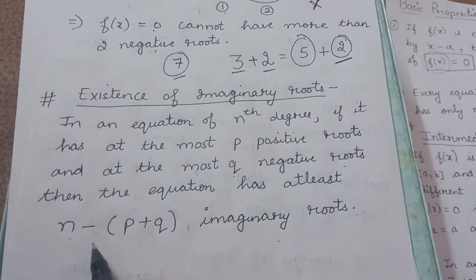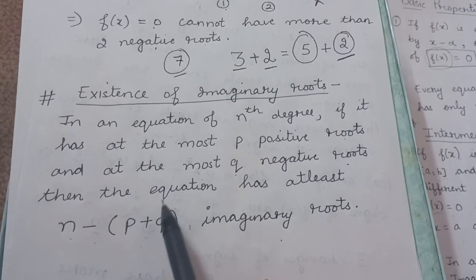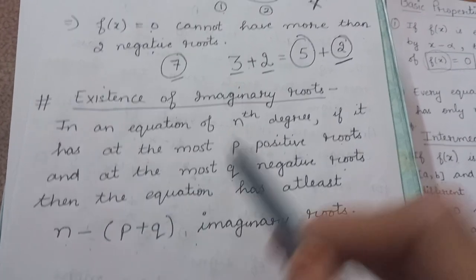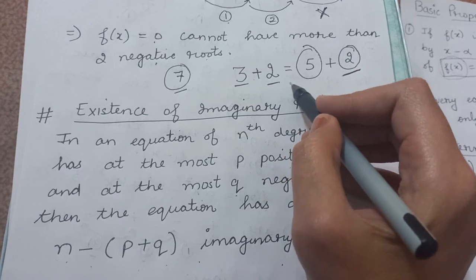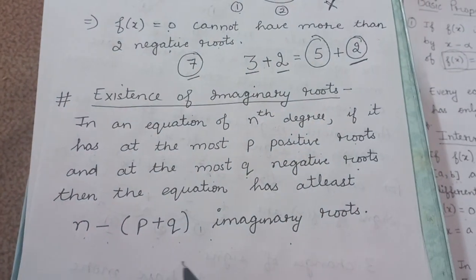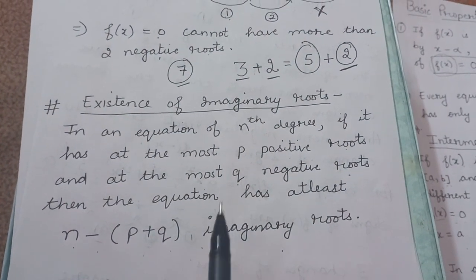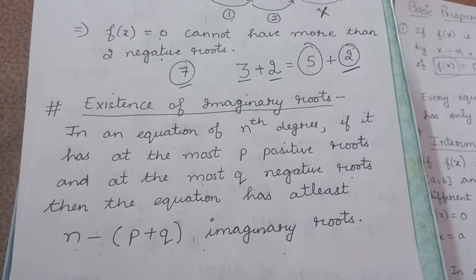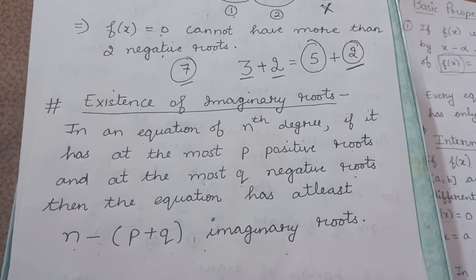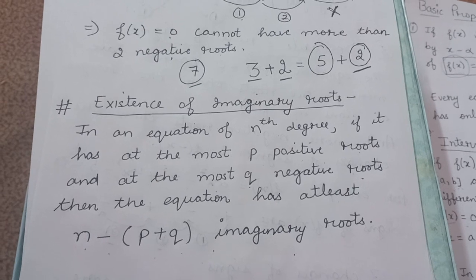The degree minus the sum of the positive and negative roots, like I have done here. Okay, so this way you can find out the number of real roots and the number of imaginary roots in the given equation. Got it?